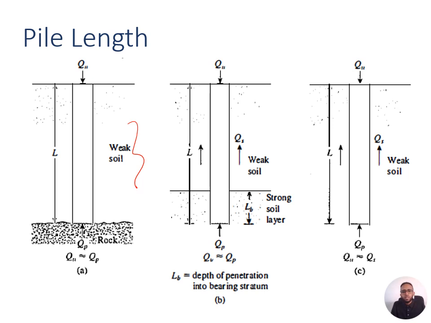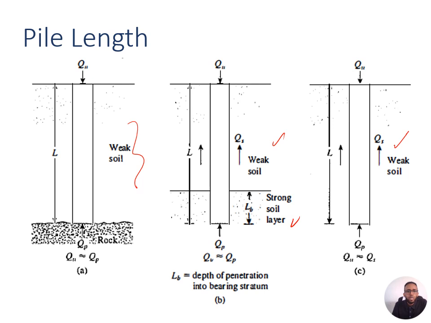In figure C, the entire soil layer along the total pile length consists of weak soil. So in these three types of piles, we are going to see in detail, in contrast, how the load and the length are related.